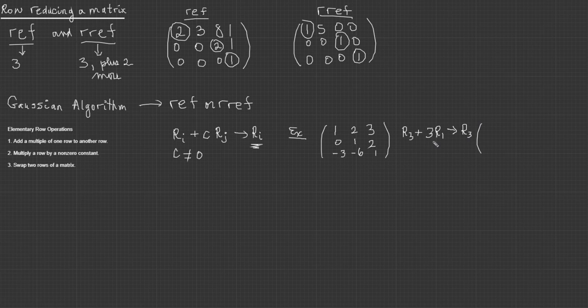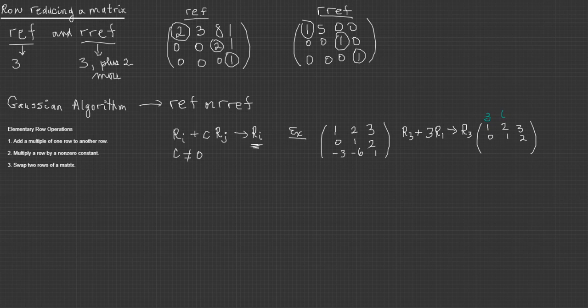Now, it's important to note that when we do this calculation of 3 times row 1, or a constant times some row, we're not actually going to be changing that row. So, in other words, our row 1 is going to remain unchanged. What we're going to do is just think about, if we could write it off to the side, what would happen if we multiplied 3 times row 1.